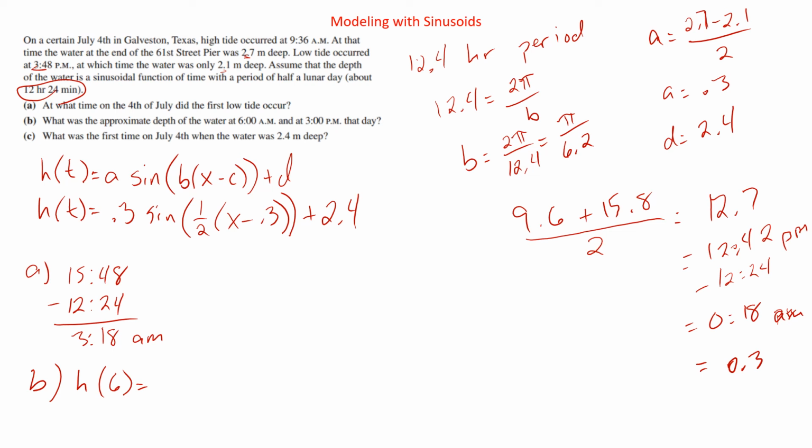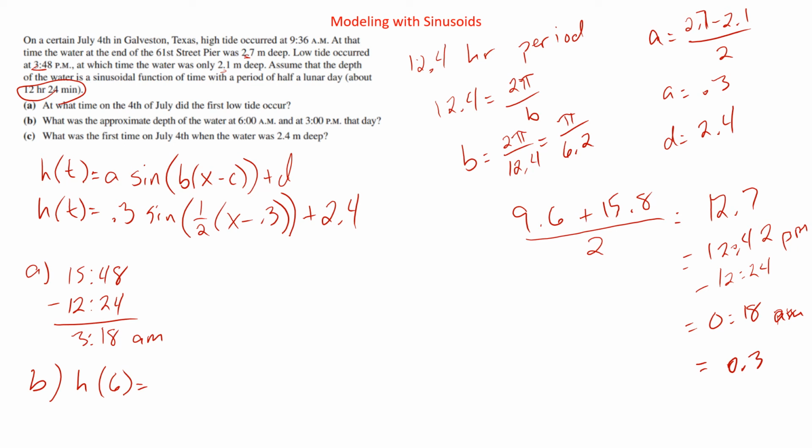And I recommend doing it in bits and pieces. Do the 6 minus 0.3 times 1/2, do the sine of that, then times the 0.3, and then plus 2.4. When you try to plug it all in together, the chances of missing a parenthesis somewhere is huge. And then all of a sudden you get the 2.4 added into the inside and stuff goes wrong. Don't be afraid to do it step by step.